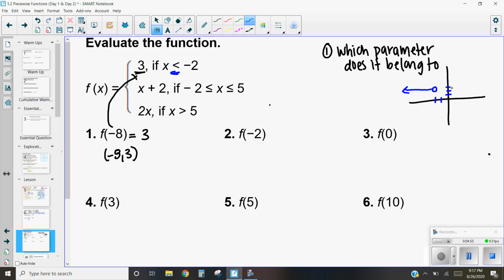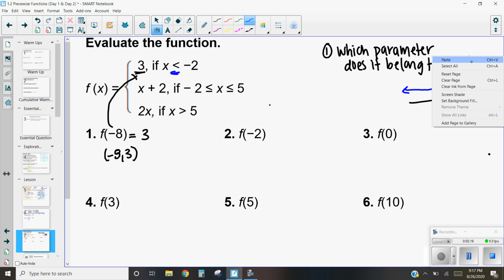That's where that is. Now from negative 2 to 5, it's going to be x plus 2. So I'm going to substitute this lower number in, and I'm going to see that it's going to be here all the way up to 2, 3, 4. It's going to be something like this is what our function is going to look like. And then this last part, when x is greater than 5, it's going to be 2x.